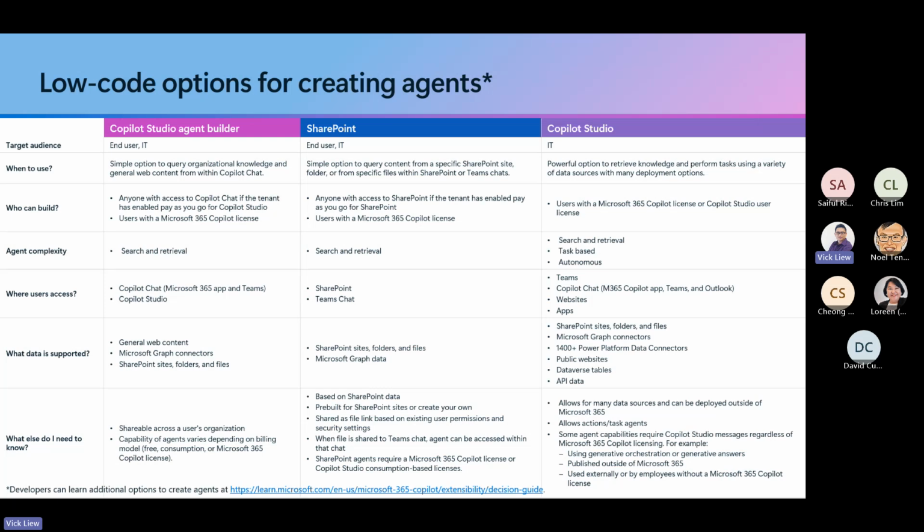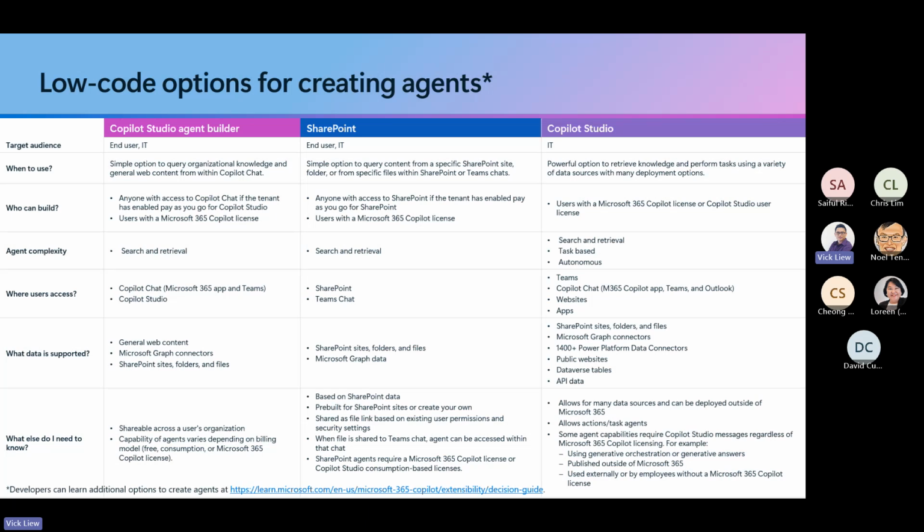You can also extend the agent into SharePoint, and inside SharePoint, Teams chat, and so on. There are some differences. Agent Builder is slightly different. Then there's SharePoint Agent. Then there's the full Copilot Studio, which is under Power Platform. You can do a lot more things. This is the Power Platform subscription model.